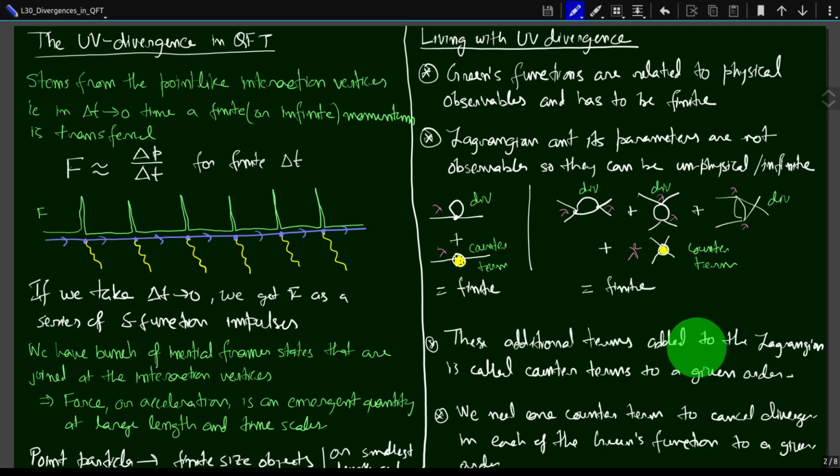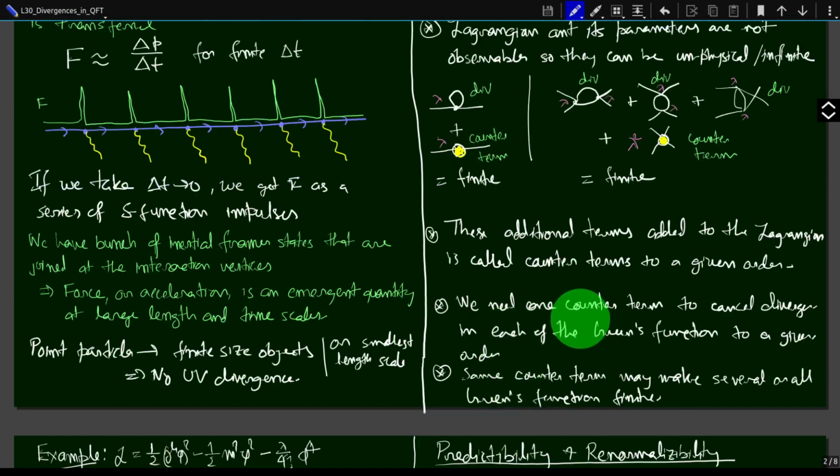These additional terms added to the Lagrangian, which I have already been mentioning, are counter terms, and we need one counter term to cancel the divergence in each Green's function to a given order. Okay, so the same counter term can make several or all Green's functions finite.